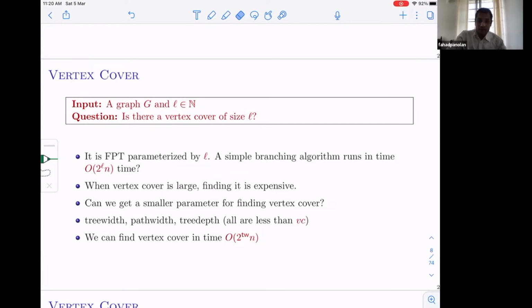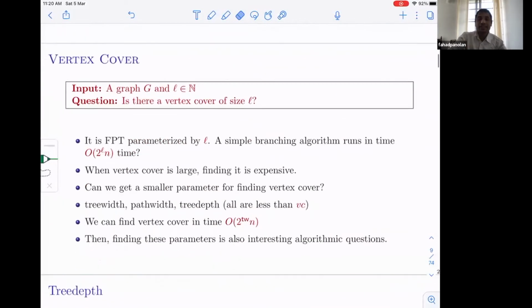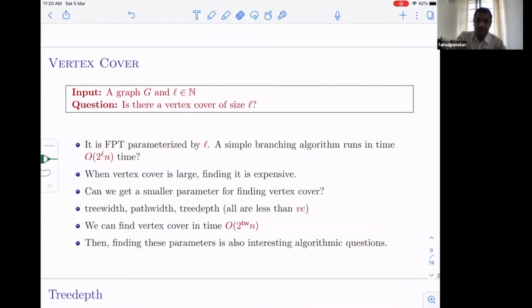And if we want to find vertex cover parameterized by these kinds of parameters, then it is also very natural to ask about how to find these parameters themselves. That is also an interesting open question. And the elimination distance, which I also mentioned yesterday, is a generalization of tree depth.